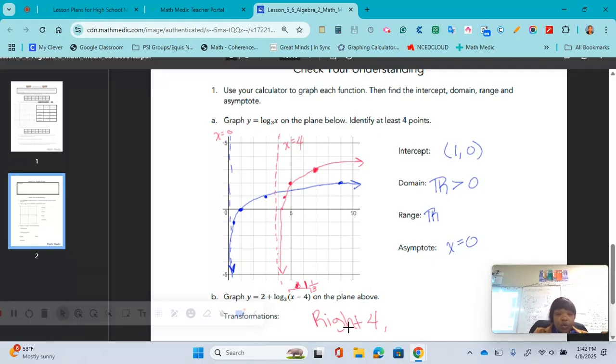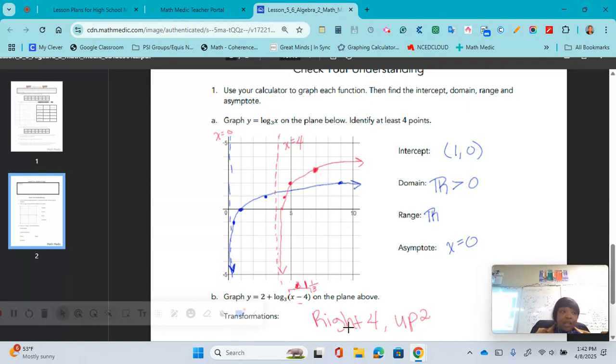Also, we had it starting at x is 0, but now it went up 2. So this point moved up 2, so this is also up 2. And we could tell from the equation. -4, remember, inside you move the opposite direction.